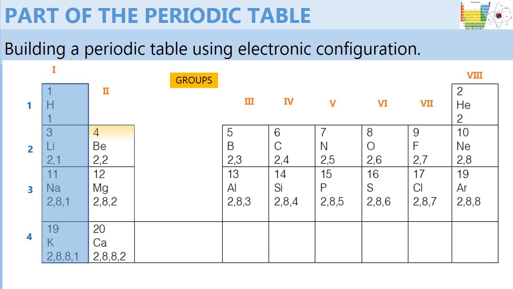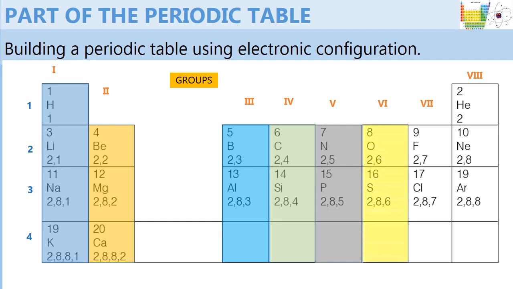Similarly, we have group 2. All the electron arrangements end with number 2. Next is group 3 and group 4, group 5. Do you notice that each of these groups has its electron arrangements ending with the number of the group?